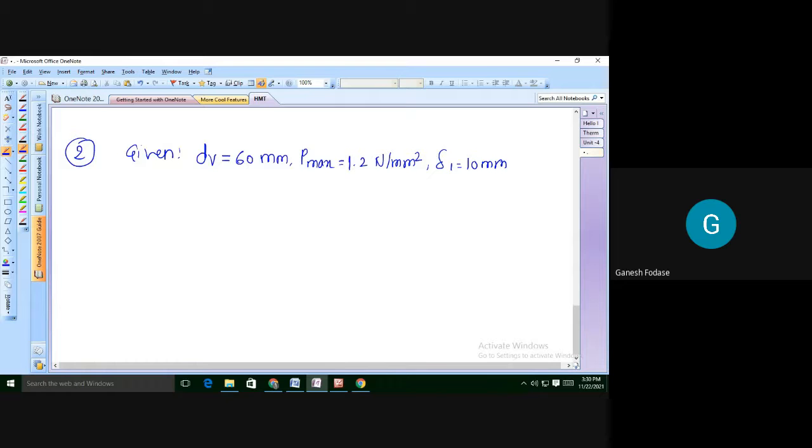Then initial compression is 35 mm, so delta O, the initial compression, is equal to 35 mm. Spring index is 5. And maximum shear stress in the material is 500, so tau max is equal to 500 Newton per mm square.